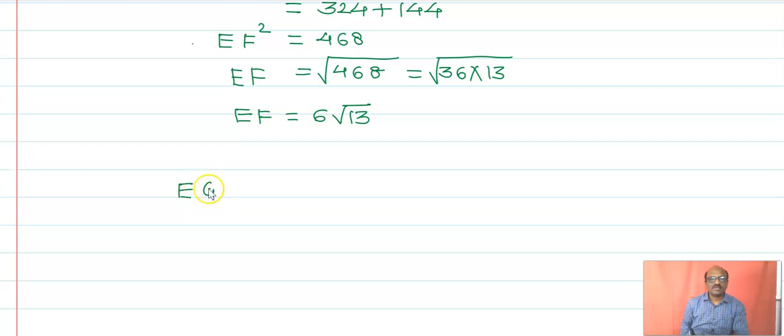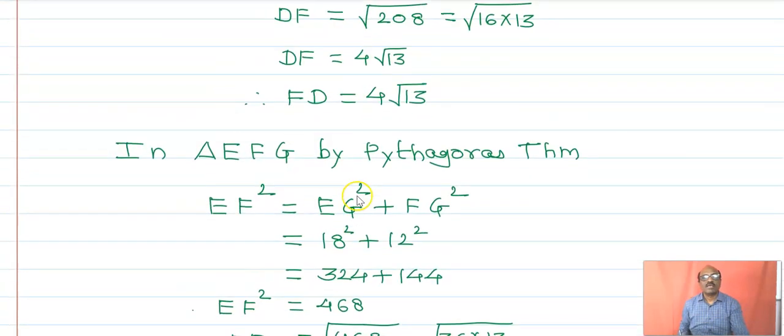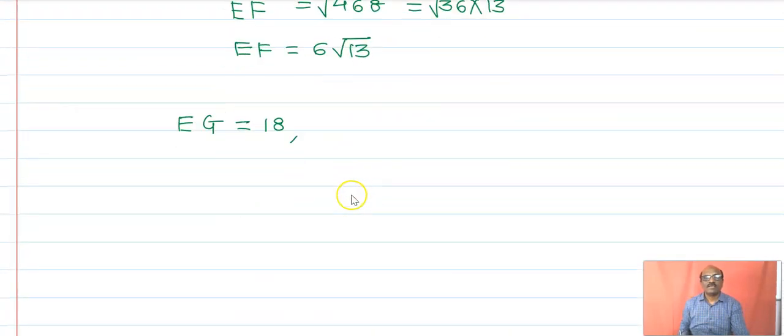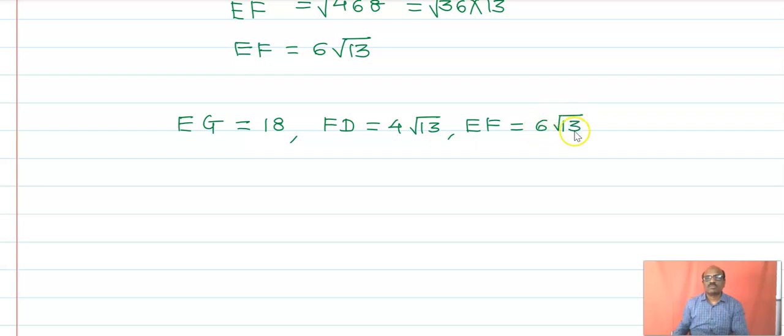Next FD is 4 root of 13, and last EF is equal to 6 root of 13. Okay, and hence this is the answer.